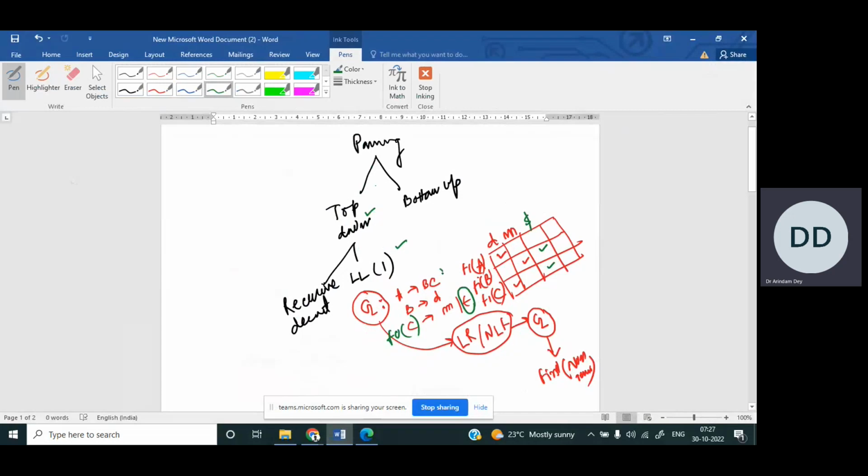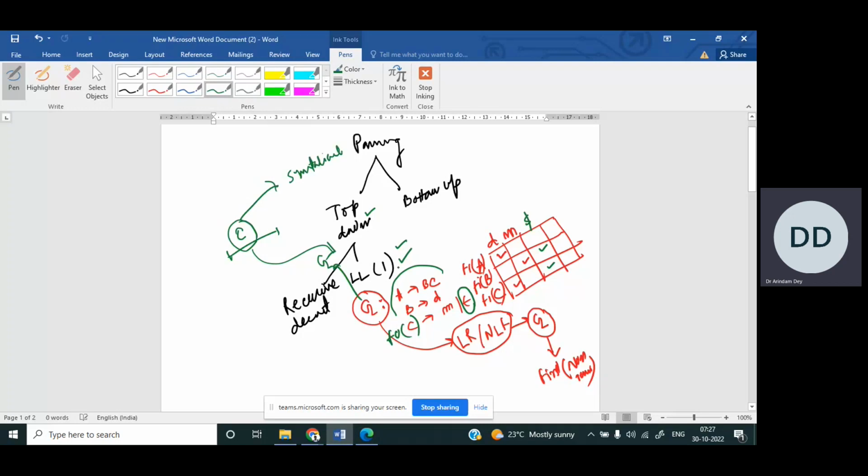So the grammar that is being given here, if the grammar is LL1, that means the code, the C code that was given to you, which is based on a grammar G, is error free. Which error free? Syntactical error free.